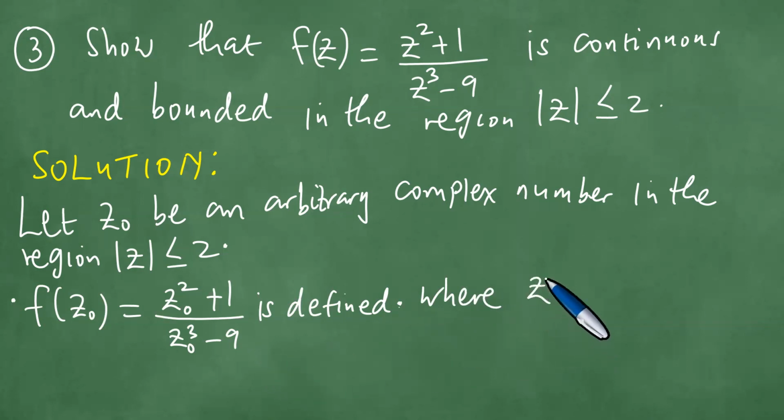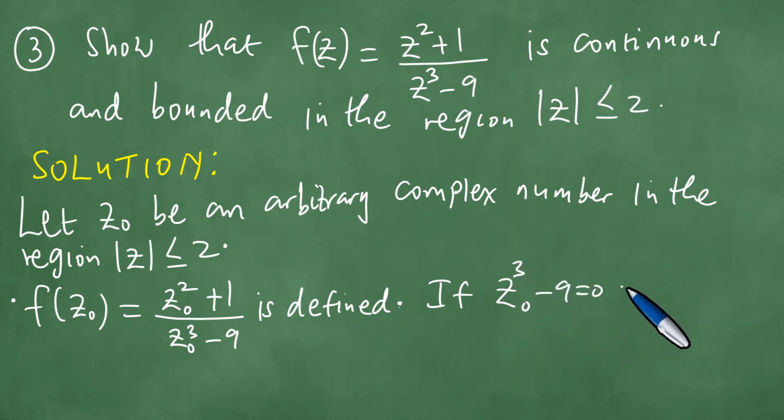It is defined where z0 cubed minus 9 is not 0. If this is equal to 0, what does it mean? Right, if it happens that z0 cubed minus 9 is 0, this means z0 is 9 to the power 1/3.